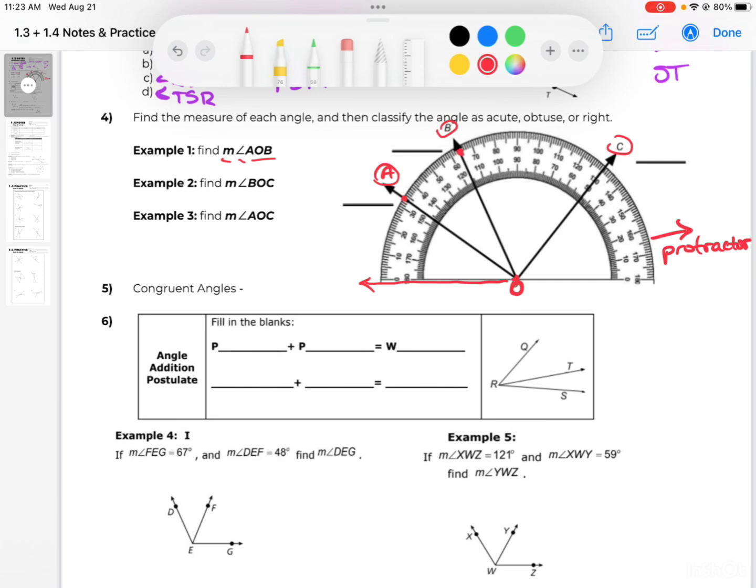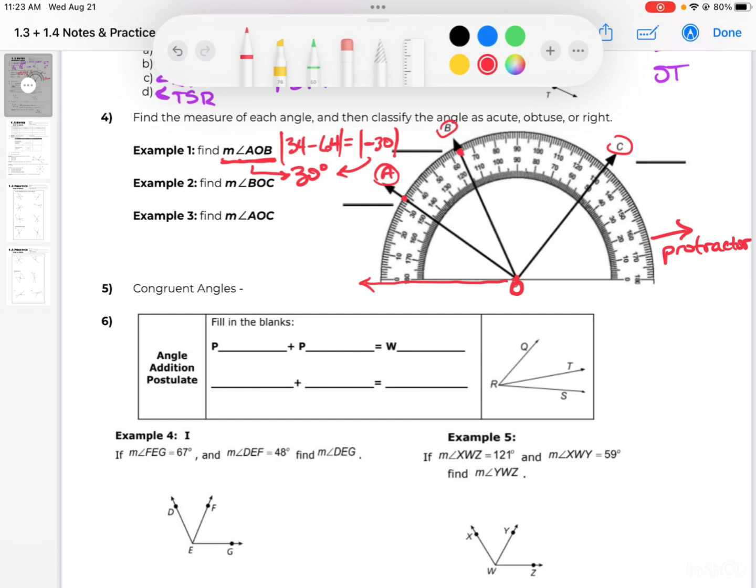So if I look right here, A is at 34 and B is actually at 64. And so I would want to find the absolute value of the difference between those. And so that would actually give me a negative 30, and the absolute value of negative 30 is positive 30. And so AOB equals 30 degrees.